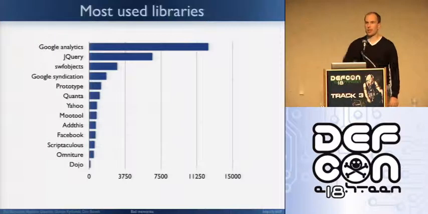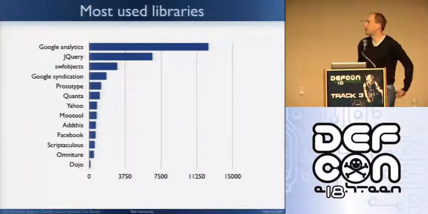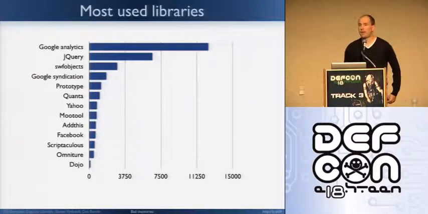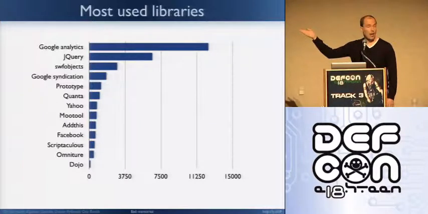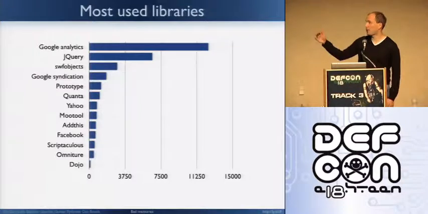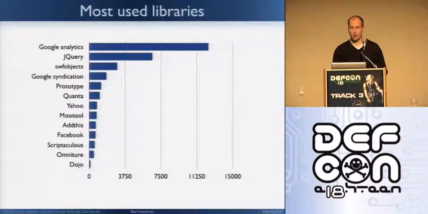So the first one is Google Analytics by far, followed by jQuery, and then you have SWF object, which is basically the library used to load Flash objects into your page. Google Ads is fourth, and then you have Prototype, which is another JavaScript framework. So all of these are shared JavaScript libraries. Some of them are different: Google Analytics is shared, you have one instance shared by everyone, and some people have their own version of jQuery, right? But all of them are external JavaScript files embedded into the page.